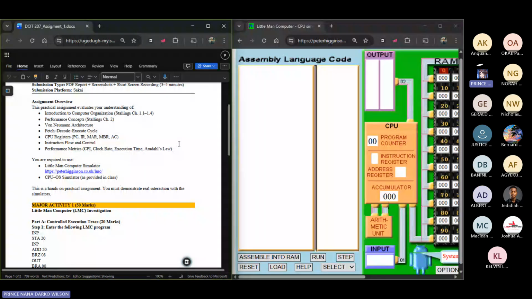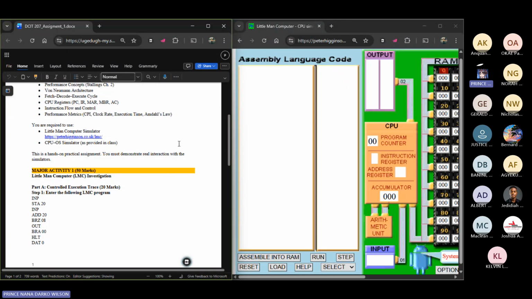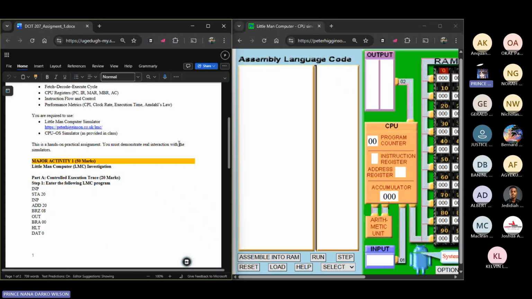Understanding of the von Neumann architecture, the fetch, decode and execute cycle of the CPU, the registers, instruction flow and control, and then performance metrics like clock rates, execution time, Amdahl's law, cycles per instruction (CPI), etc. It also goes further to say that we should use exactly this Little Man Computer simulator, Peter Higginson's model, the one displayed on the right side of the screen.